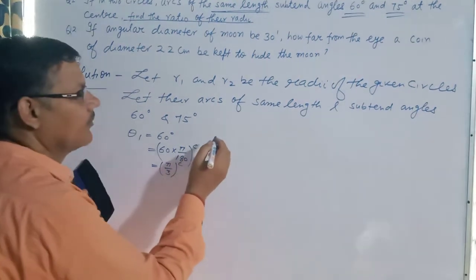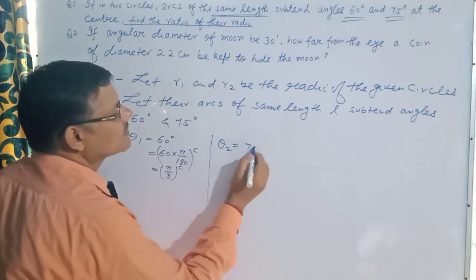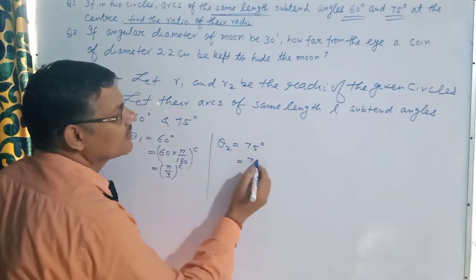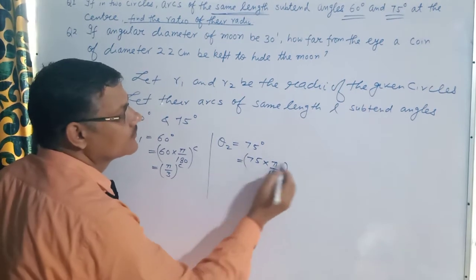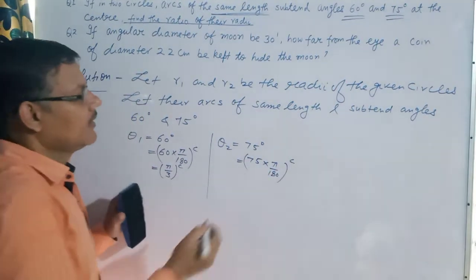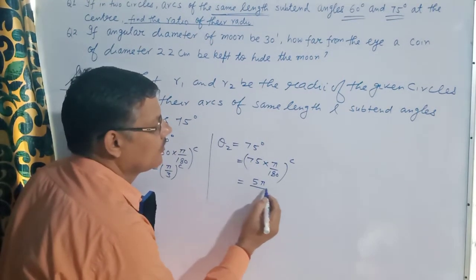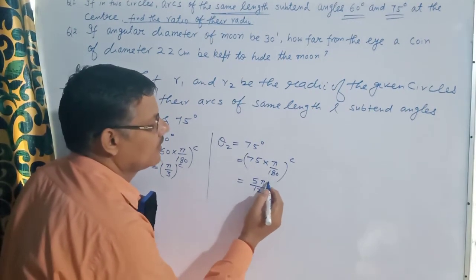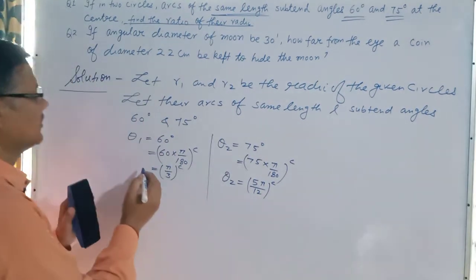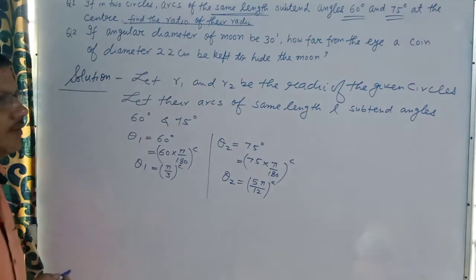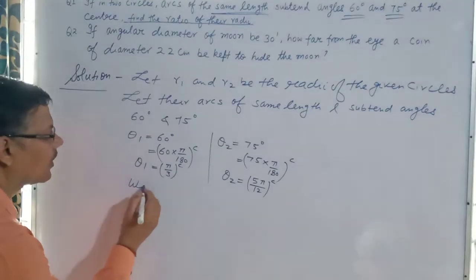At the same time we write theta 2 is equal to 75 degree, it is 75 into pi by 180 radians. Dividing it by 15 we get 5 pi by 12 radians. This is about theta 2, this is about theta 1.